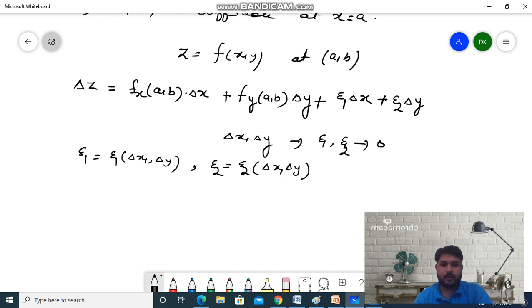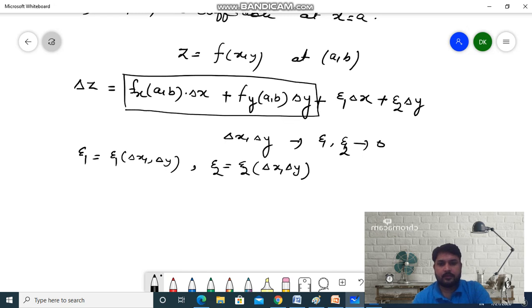Okay guys, first of all, you can see this term fx into del x plus fy into del y. We call it the total derivative and represent it by dz.